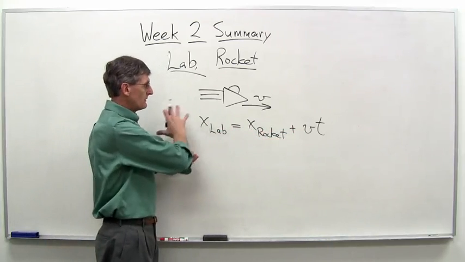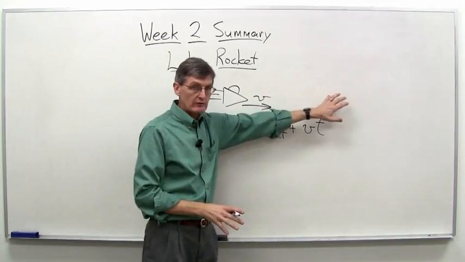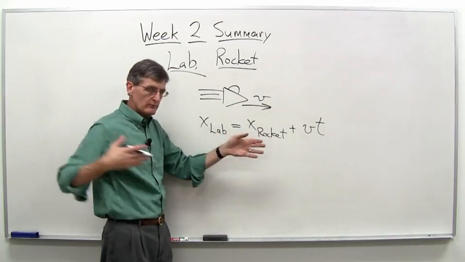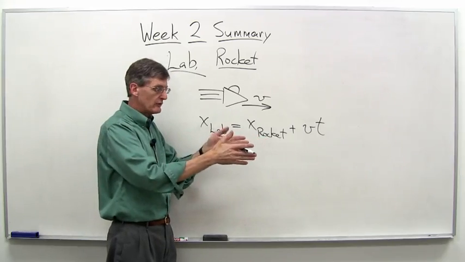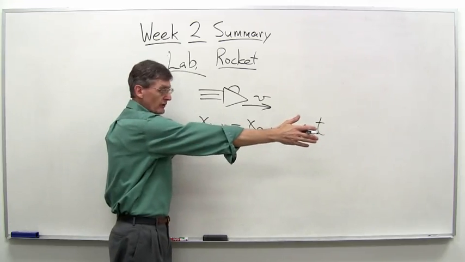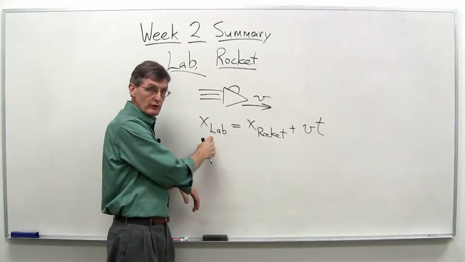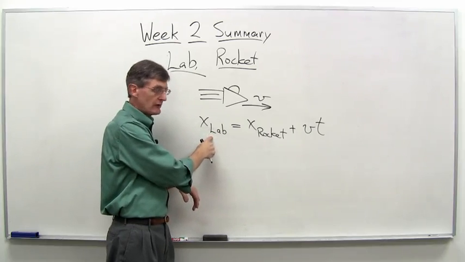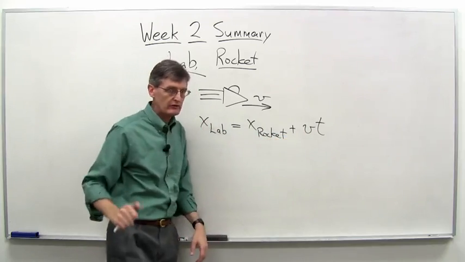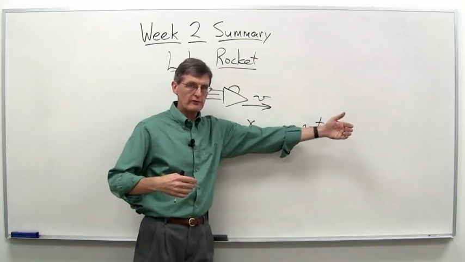So again, lab frame, rocket moving to the right. They start at t equals 0 right next to each other. The rocket's coming by, and right at t equals 0, it passes by the origin there, and then continues in that direction. So the lab value for the location of whatever event occurs that's been measured in the rocket frame is going to be greater by vt than what it is in the rocket frame, because the rocket is going off there to the right in the positive x direction.